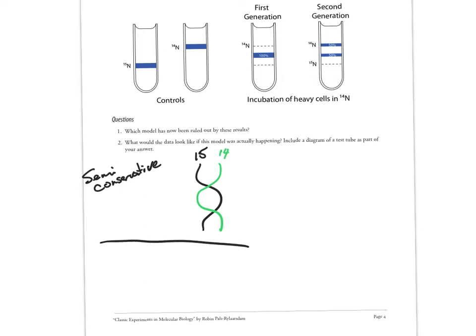Now, with the dispersive model, we had this idea that maybe DNA replicates in pieces and parts, and as it replicates in pieces and parts, you get kind of a Frankenstein DNA molecule that has part 14 and part 15.